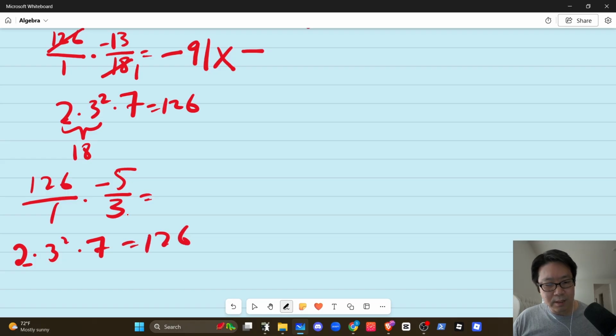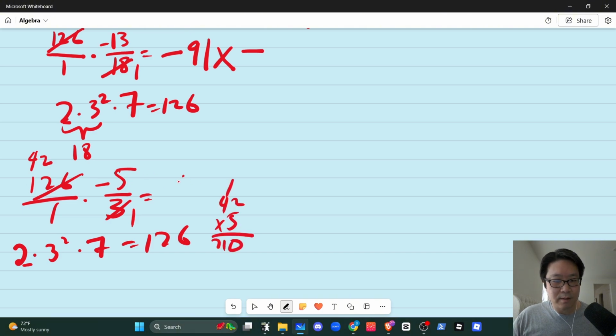So 126 divided by 3 is going to be 2 times 3 times 7. Okay. 2 times 3 times 7. What is that? 42. Okay. So we can cross simplify that into 42 over 1 times negative 5 over 1. So 42 times negative 5, 210. So we have negative 210, okay?